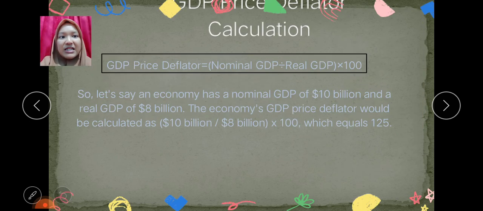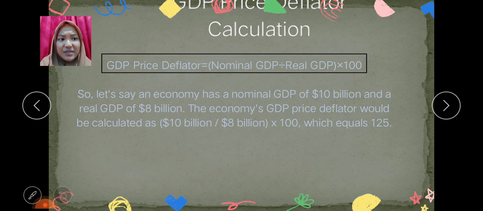So, the GDP price deflator calculation is: GDP price deflator equals nominal GDP divided by real GDP, multiplied by 100. So let's say an economy has a nominal GDP of 100 billion and a real GDP of $10 billion.